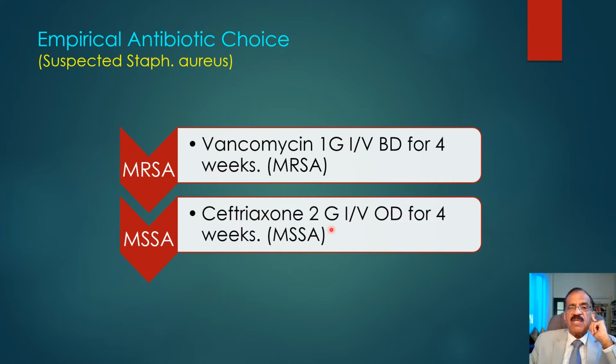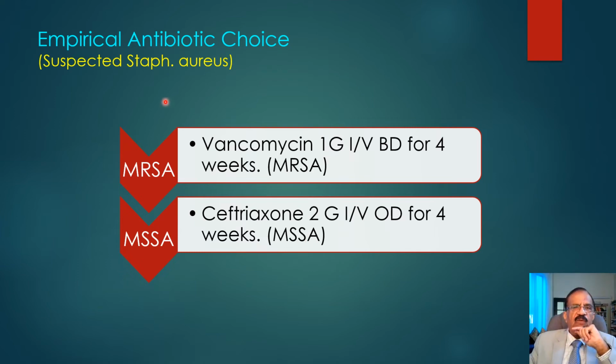So 2 grams intravenously once a day for 4 weeks. Or the alternate choice would be 1 gram twice a day, but I think 2 grams once a day is good enough. Now, in cases where you do not know for sure which organism, I think making a combination of these two would make some sense to me.